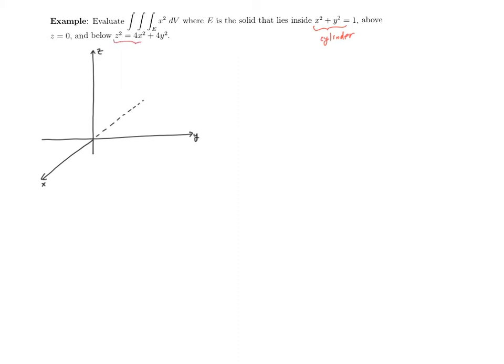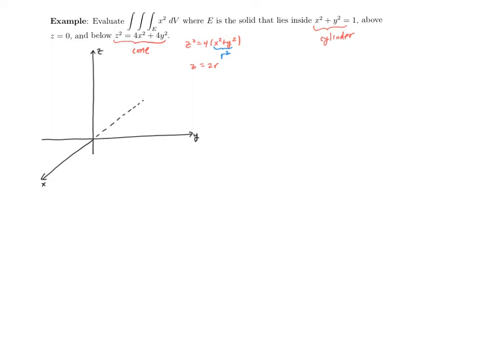Looking at this remaining surface, I want you to take a moment and describe this surface with one word. If you said cone, I agree. Note, we can write this as z squared equals 4 times x squared plus y squared. And if we wanted to convert this into cylindrical coordinates, just for fun, we could rewrite this as z equals 2r.